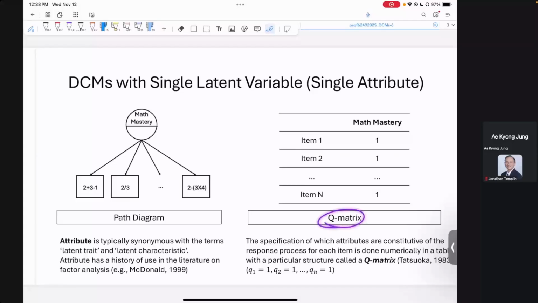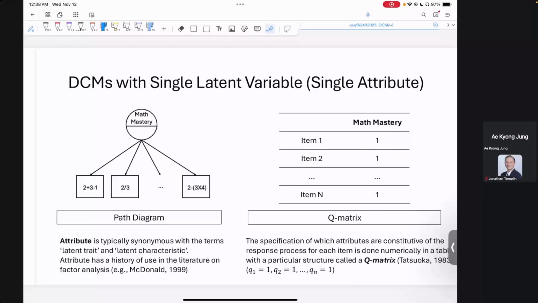And this Q matrix is showing this path diagram in the matrix sense. So we can see whether item 1 is measuring math or not. Item 2 is measuring the math or not. Now this is a single attribute, so they're all 1 now. But if we have more attributes here, then some might be 0 and some might be 1.